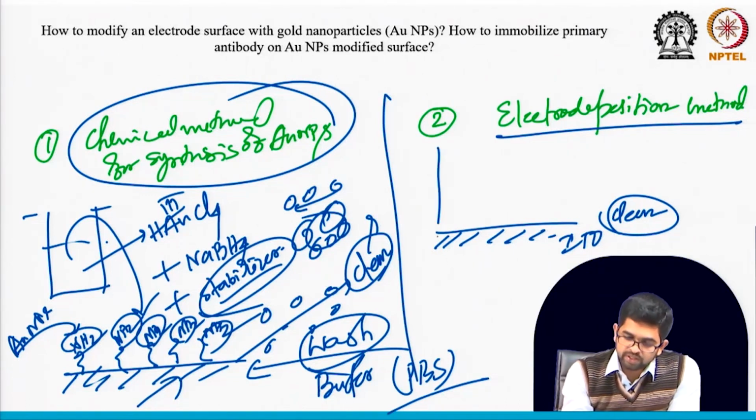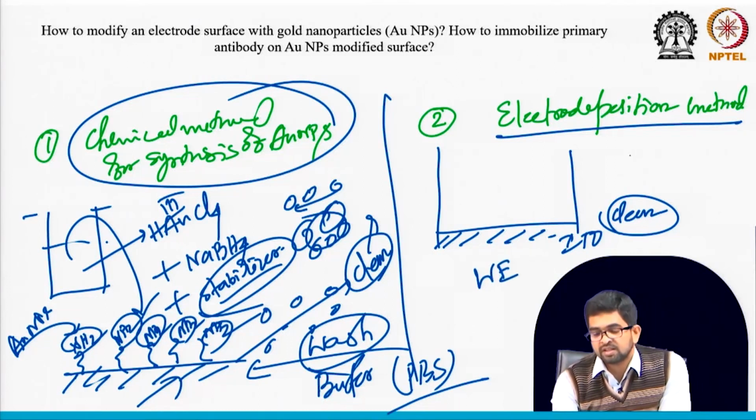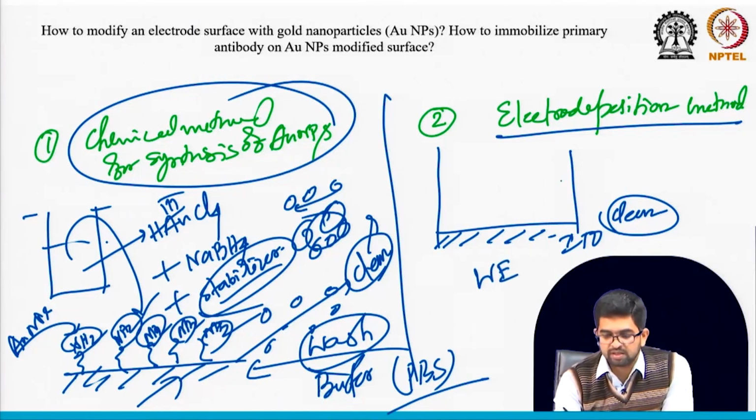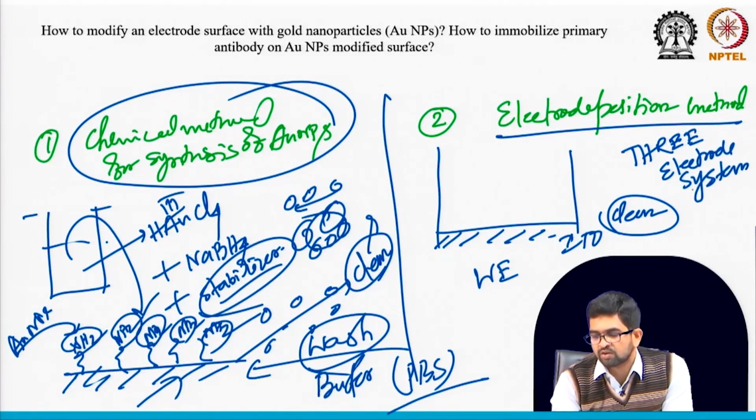So, this surface you have to use as a working electrode in a 3 electrode system electrochemical cell.